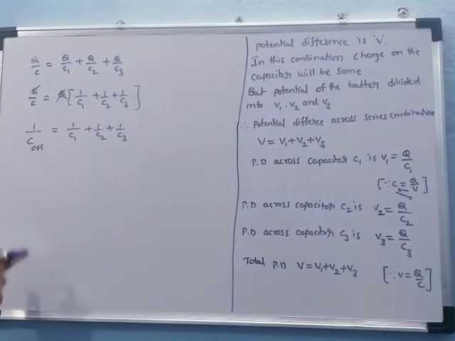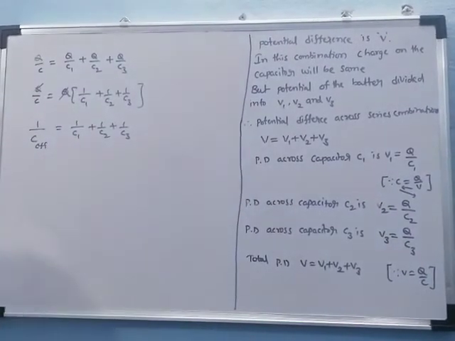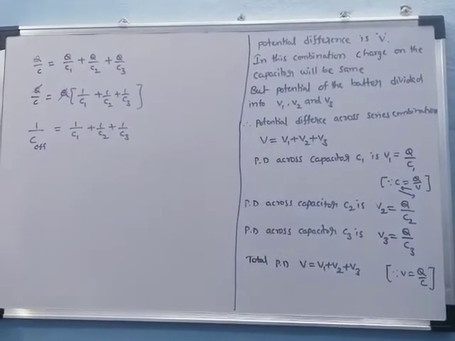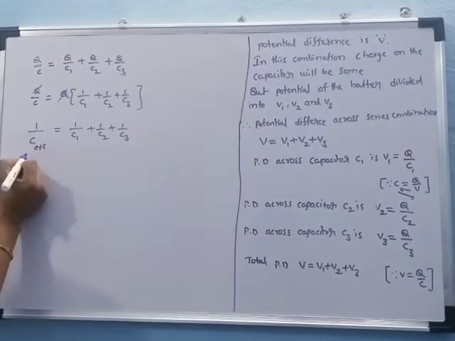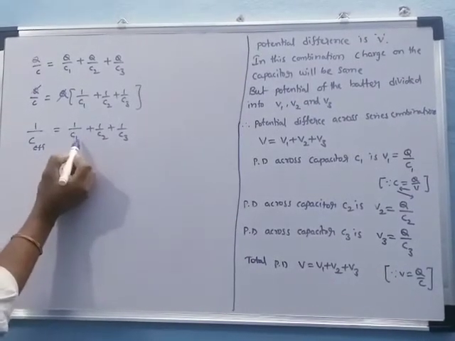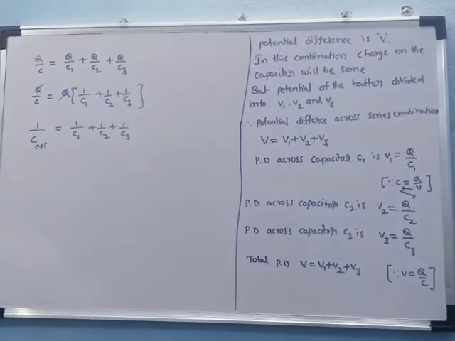See, this is when the three capacitors are connected in series. The effective capacitance is 1 by C1 plus 1 by C2 plus 1 by C3.